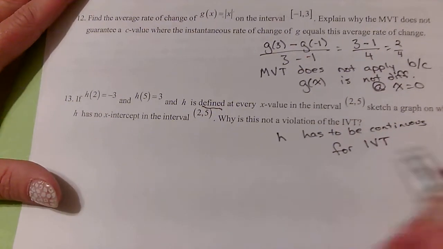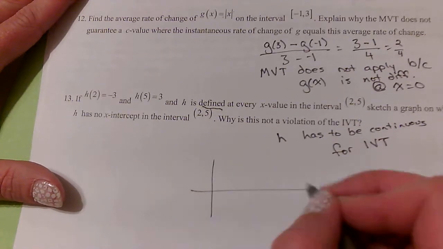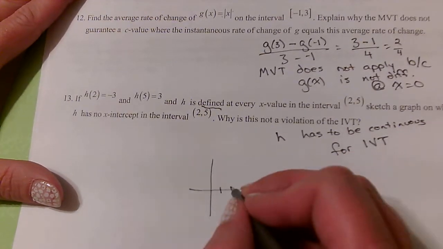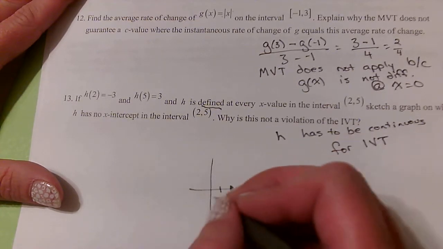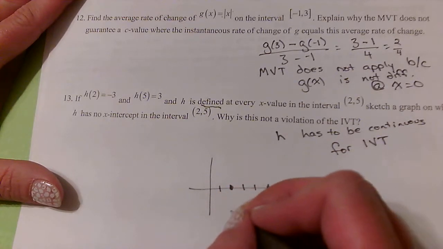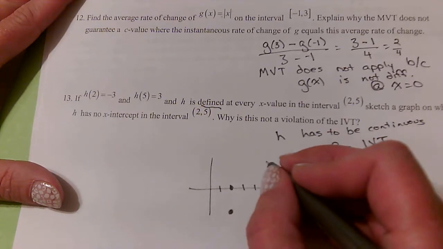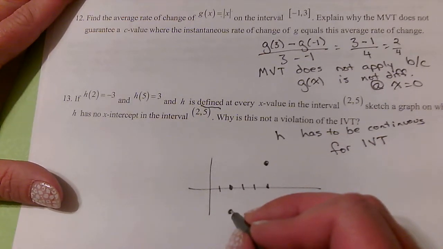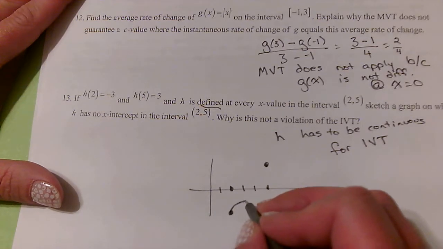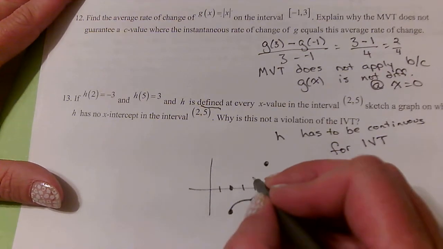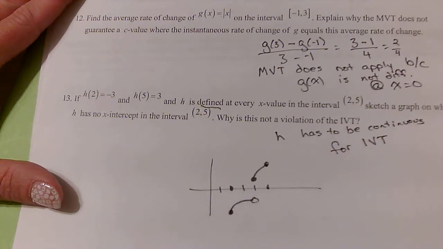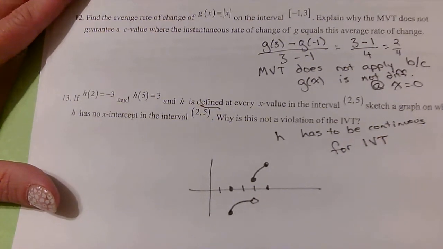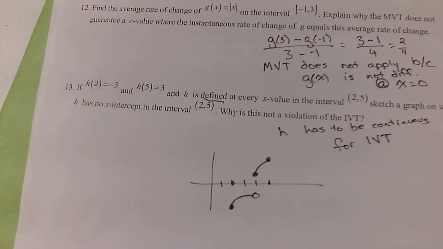I mean, this one's kind of easy to do. So you have 1, 2, 3, 4, 5. There's my x values. Okay, so I have -3 would be here, and this would be +3. If everything's defined, but we don't have any x-intercepts, that means maybe we go to here, and then it starts back up here. It's defined for every x value, but it's not continuous.